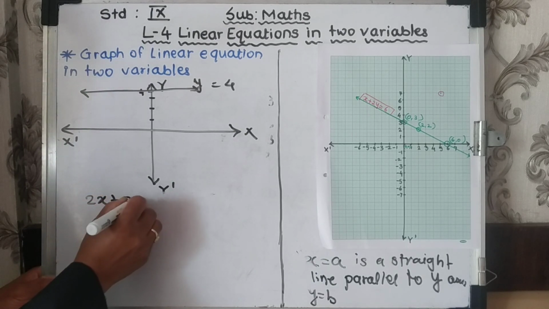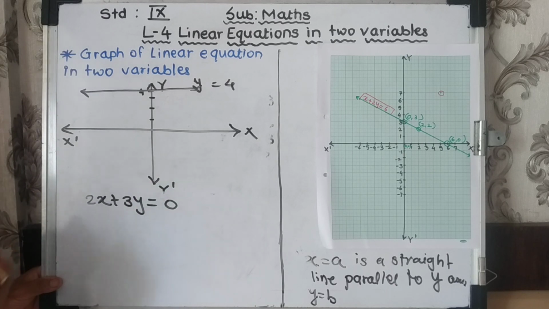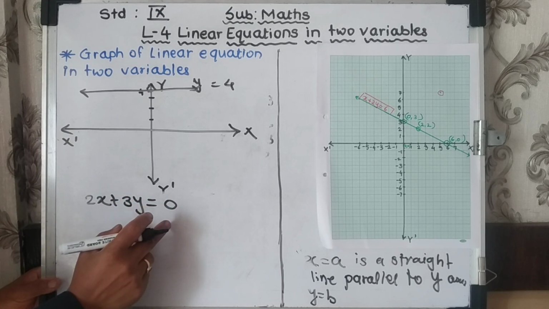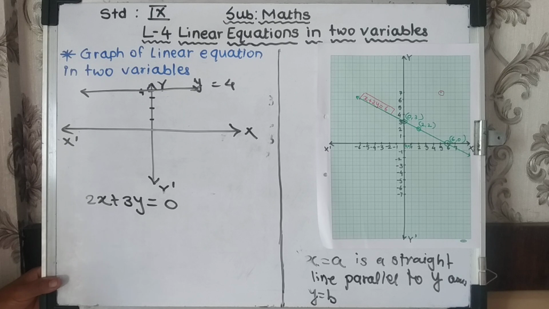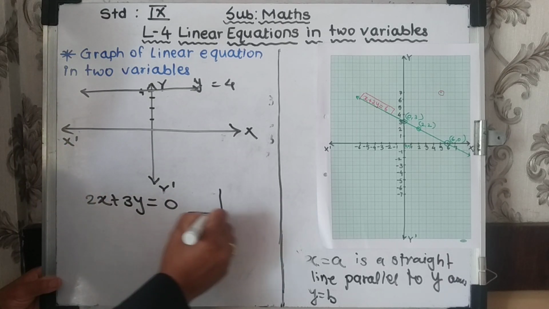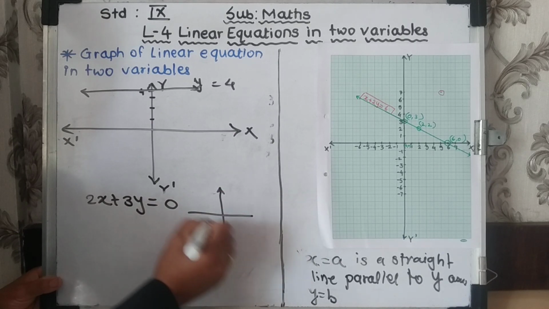What I am saying, whenever the constant term in the equation is not given, we have 2x plus 3y equals 0, right? Likewise it is there. So no constant term is given. So that time that equation or that graph will pass through the origin. So origin means what? From the middle, right?